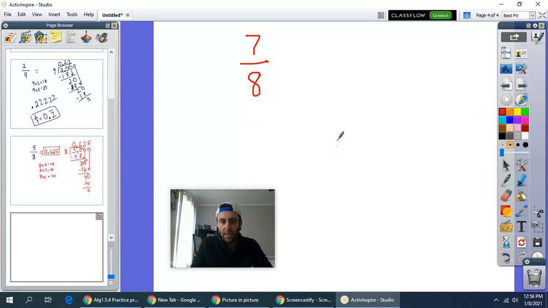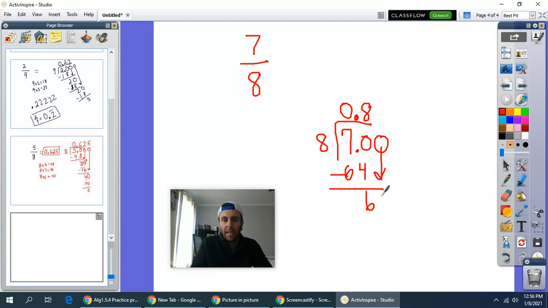And just in case you got that wrong, here's what we would have done. 7, we would have added a 0.0. We would have said 8 goes into 7 0 times, but 8 goes into 70. It goes in 8 times because you get 64. When you subtract, you get a 6. Add a 0, bring it down. 8 goes into 60.